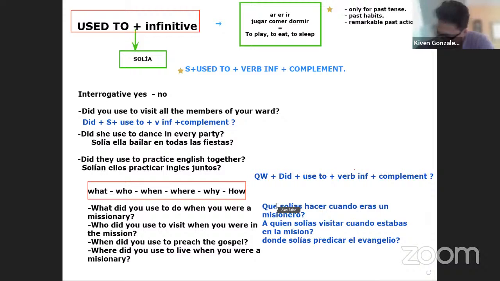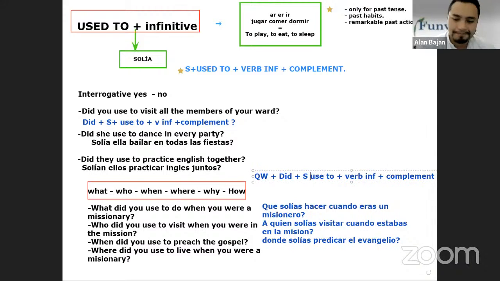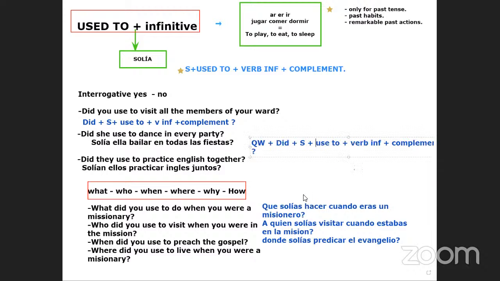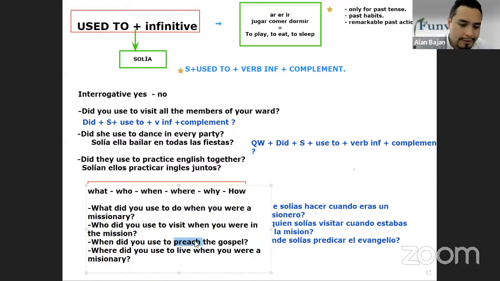What's done? In what sentence? When did you used to preach the gospel? Preach, predicar. ¿Cuándo solías predicar el evangelio?